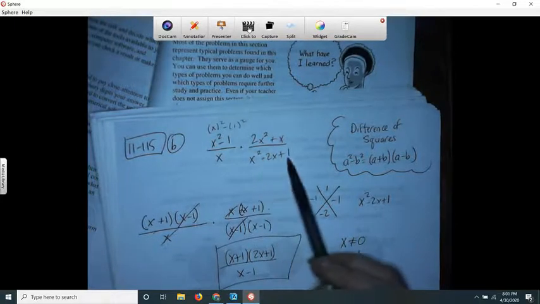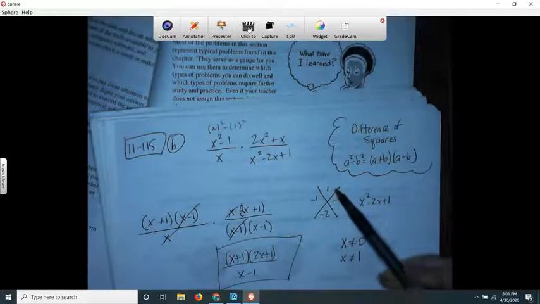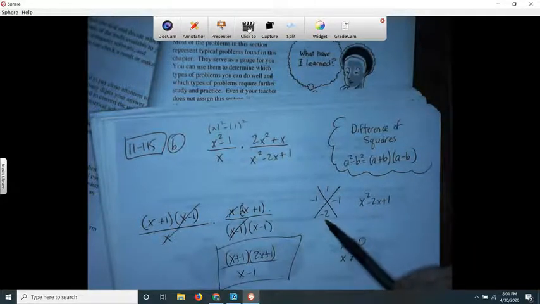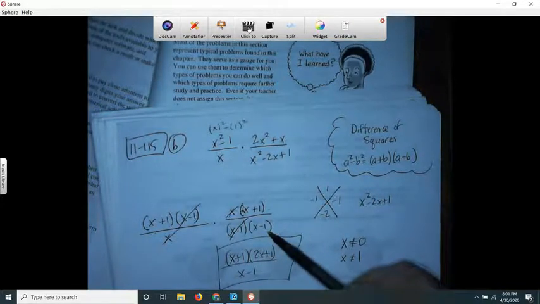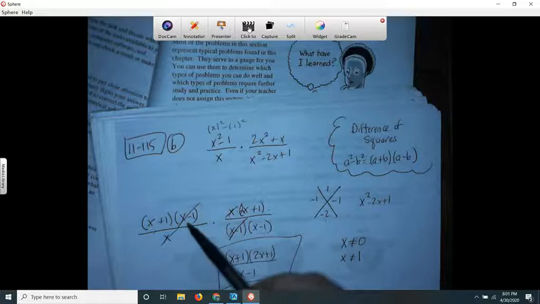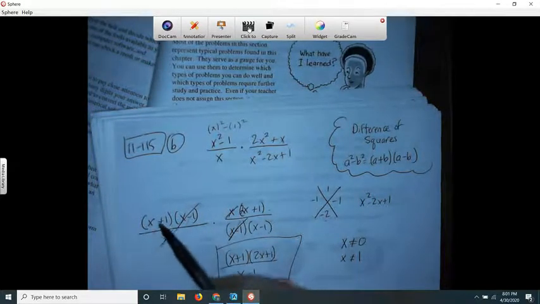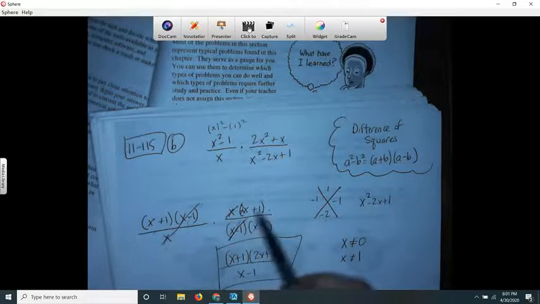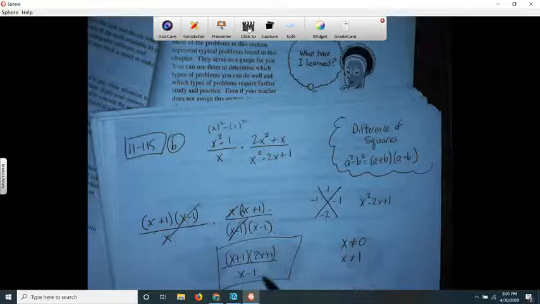And then down here, I did a diamond problem, and I see that I was looking for something that multiplies to make 1 and adds to make negative 2, so that came out to be x minus 1 times x minus 1. Then I canceled out my common factors, and then I was left with x plus 1 times 2x plus 1 all over x minus 1.